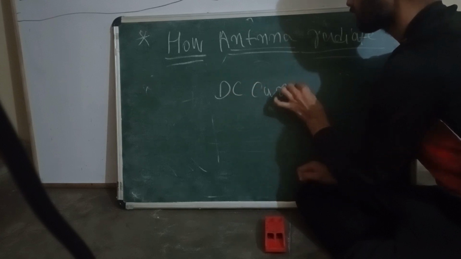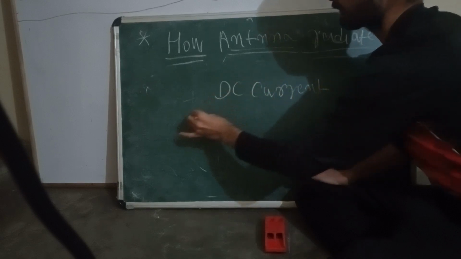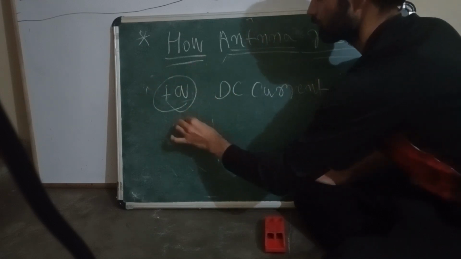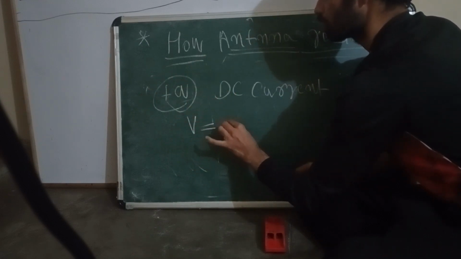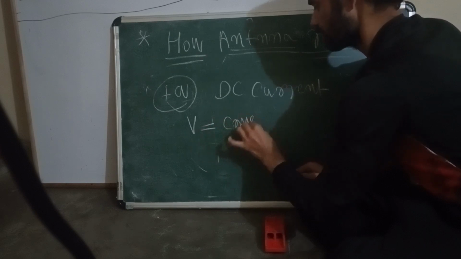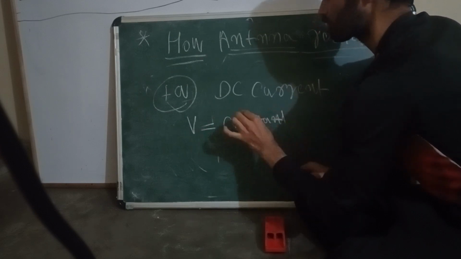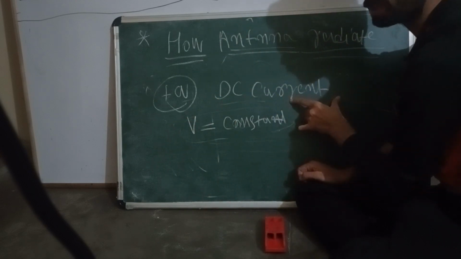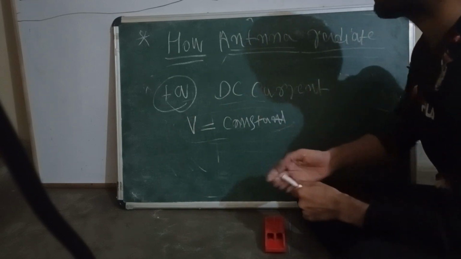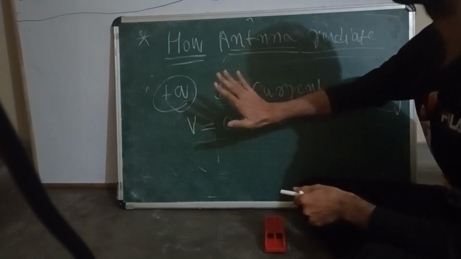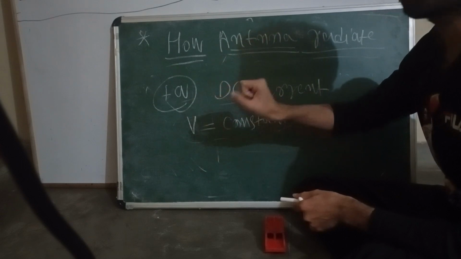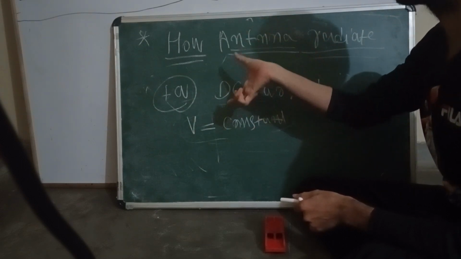The velocity of the charge is constant, so there is a DC current, and it generates a magnetic field of constant amplitude. That magnetic field will not vary with time.